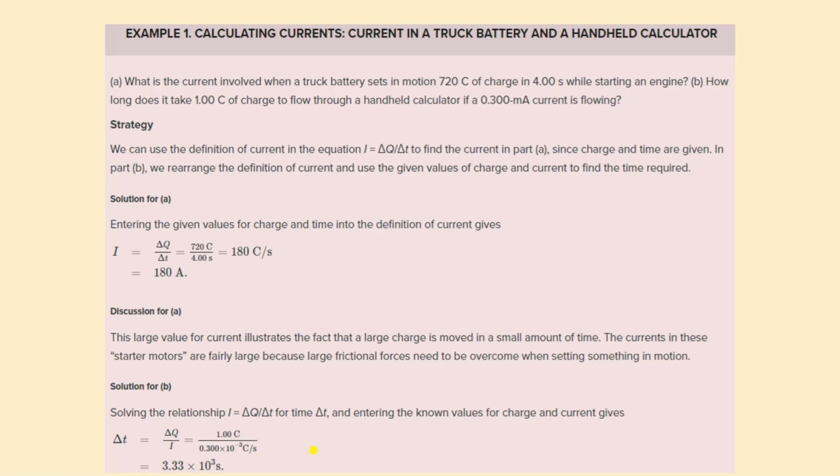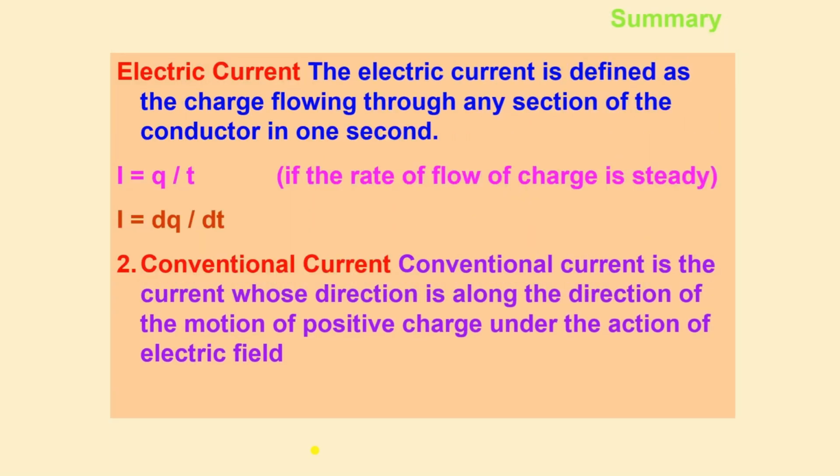Then we summarize the whole of our lecture. First we discussed the electric current. Electric current is defined as the charge flowing through any section of the conductor in 1 second, or current is equal to charge upon time if the rate of flow of charge is steady, and if it is varying, then current is given by dq upon dt.